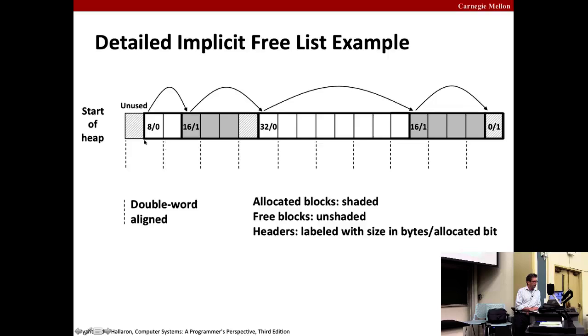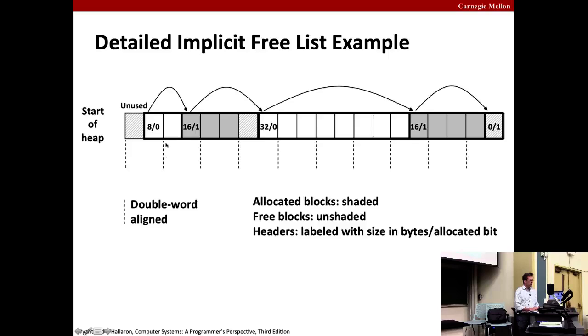So the way we do that is we create this unused word at the beginning of the heap that's aligned on this 8-byte boundary. And then the first block in the heap starts at an offset of 4 from the beginning of the heap. So we have the header, which is not aligned, and then we have the payload, which follows. In this case, it's a payload of one word, and that begins on this 8-byte boundary.